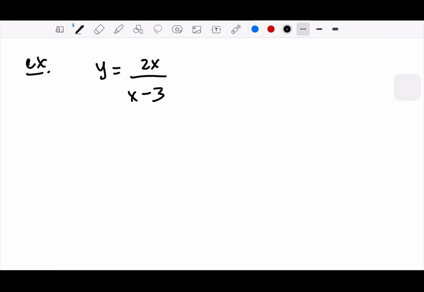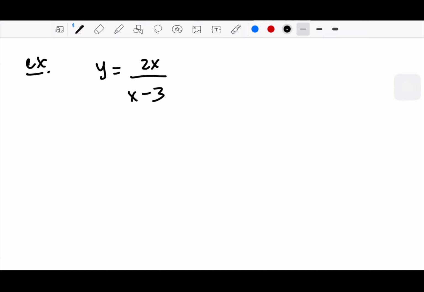Okay, let me take some notes here, maybe an example. If you have the curve, let's say 2x over x minus 3, let's take this as a rational function.